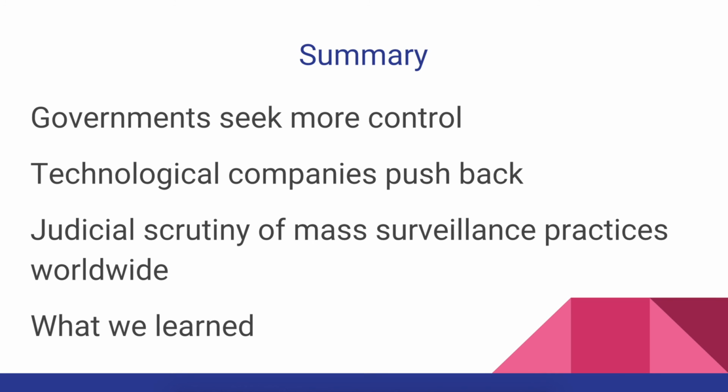GCHQ and the NSA have co-opted some of the world's largest telecommunications companies to tap the transatlantic undersea cables and intercept the private communications they carry under their respective Tempora and Upstream programs. GCHQ and NSA hacked into the internal computer network of Gemalto, the largest manufacturer of SIM cards in the world, possibly stealing billions of encryption keys used to protect the privacy of mobile phone communications around the world.